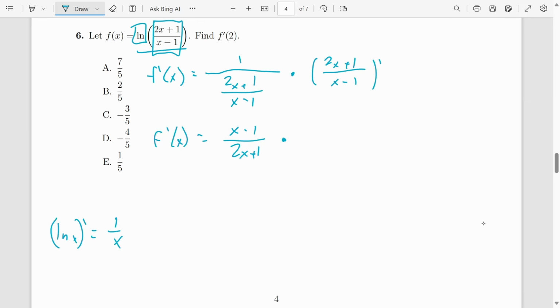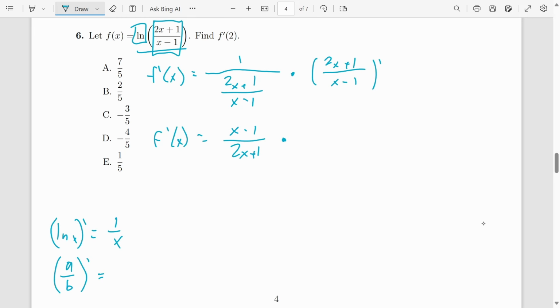And then times our original derivative here. Looks like we have the derivative of a fraction, and what you can do for derivatives of fractions is the quotient rule. The quotient rule states if you have something like a over b that you want to take the derivative of, in this case a is 2x plus 1 and b is x minus 1, there's a nice formula you can use.